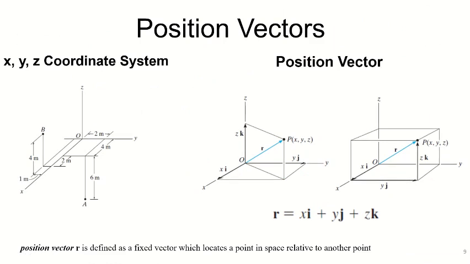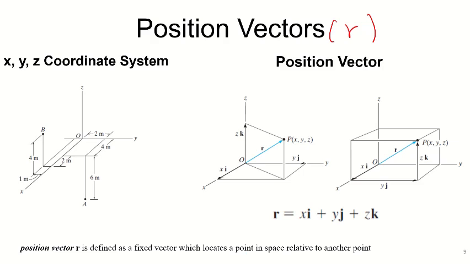Position vectors. Position vectors are important in formulating a Cartesian force vector directed between two points in space. The position vector, which we designate using r, is defined as a fixed vector which locates a point in space relative to another point.